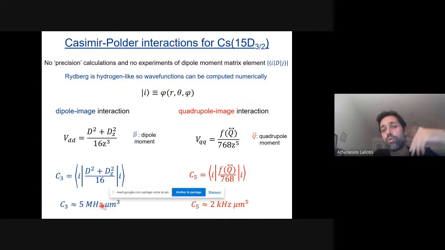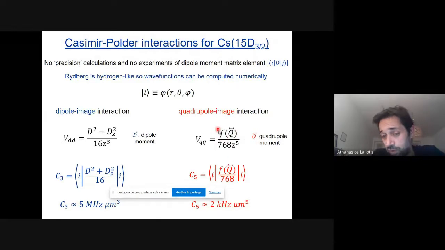And of course, you can do the same for the quadrupole interaction term. Now, this is much more complex, it depends on the quadrupole moment, and has a much more complex functional dependence that I don't show here. But in the end, the approach is the same, and then you can calculate the average value of this function, and this will give you the C5 coefficient, which in the case of the 15D atom is about 2 kilohertz micron to the 5, though.